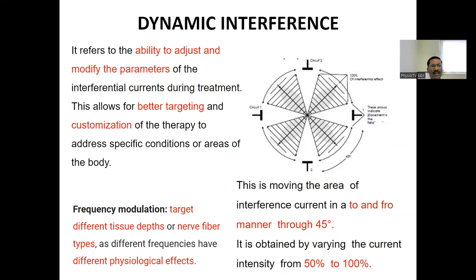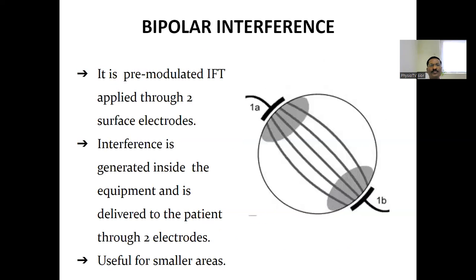And here we can do several modulations. First, the most commonly used is frequency modulation. This frequency modulation gives us the ability to go into different depths, stimulate different fibers of the nerve, and get different therapeutic effects by using different frequencies.